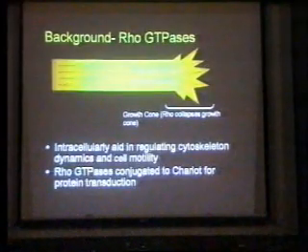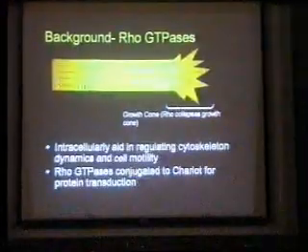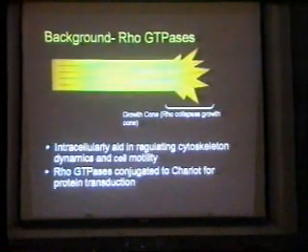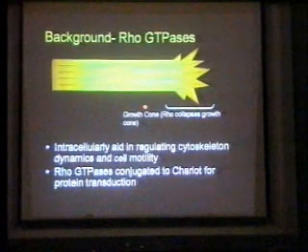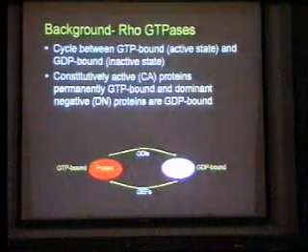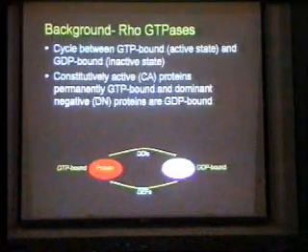And so they're basically modulators of the cytoskeleton. And you can imagine that if I'm growing, the cytoskeleton is responsible for the architecture of your growth cone. And if you're moving, you need this to work. So that's what these two small G proteins do. And the way they work is, in the GTP state, they're active, and in the GDP state, they're inactive.